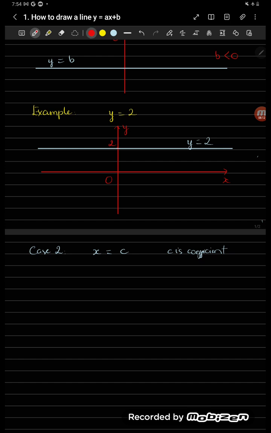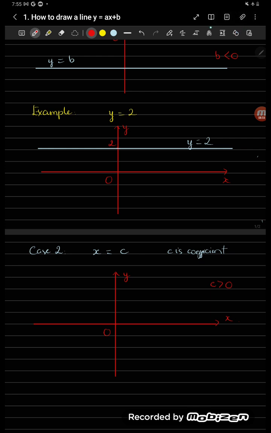So above we already have y equal to b, which means it is a line parallel with Ox. For case 2, if x equal to something, then that line is parallel with Oy. So if c is greater than 0, if c is positive, let's say x equal to 6, x equal to 1, x equal to 2, x equal to 15, 20, whatever.